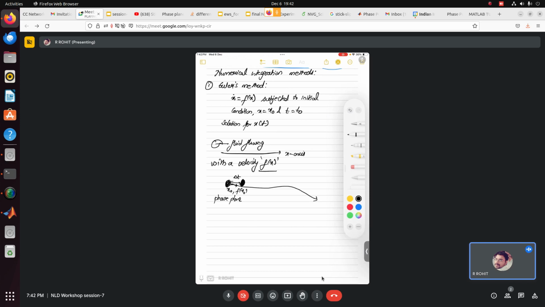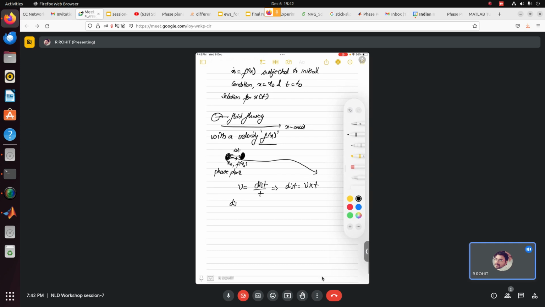We know that velocity is distance by time, so the distance covered within this short time is the velocity times the time, that is f of x times delta t. For the initial point, it is f of x naught times delta t.